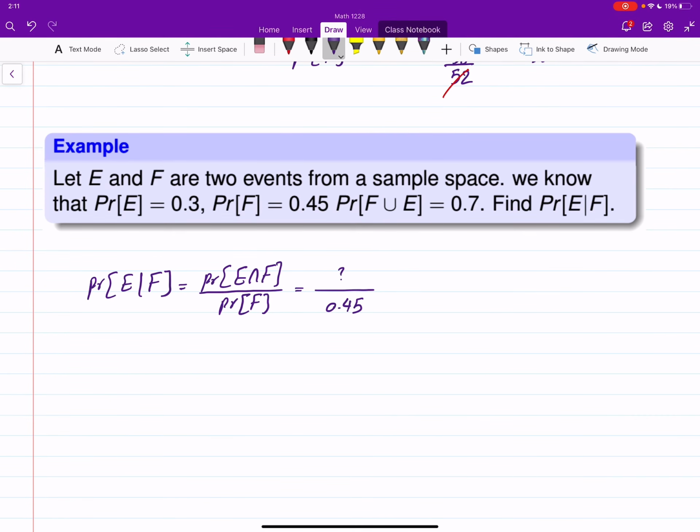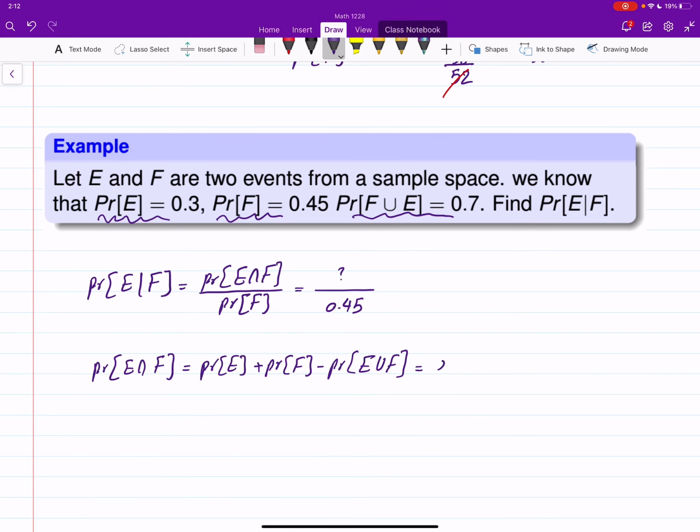I see that the probability of E is there, the probability of F is there, the probability of the union is there. What will the inclusion-exclusion principle give us for the probability of the intersection? It says to add the probability of E to the probability of F, and subtract the probability of the union.